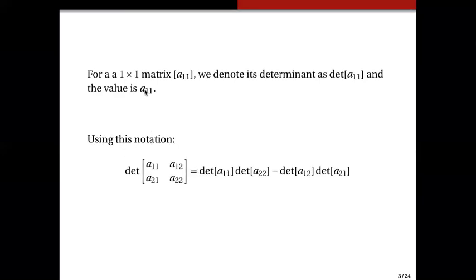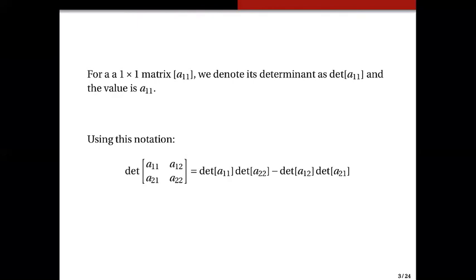If we use this notation, then for the 2 by 2 matrix with entries a11, a12, a21, a22, the determinant of that 2 by 2 matrix is equal to the determinant of a11 times the determinant of a22 minus the determinant of a12 times the determinant of a21.